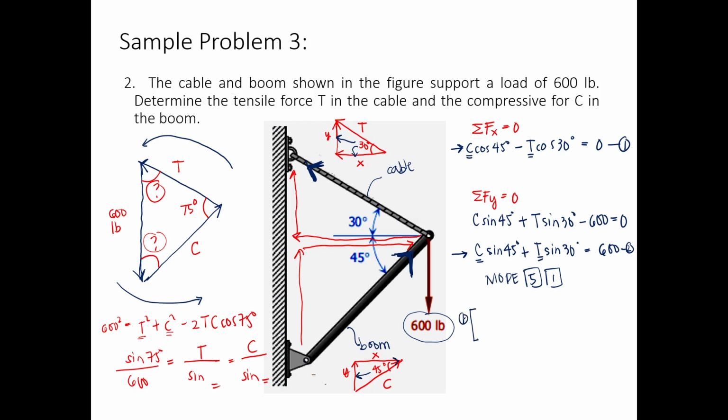So for equation 1 and equation 2, A, B, and C: place cosine 45 here, then negative cosine 30 for B, and 0 for C. For the second equation, sine 45, sine 30, and 600.